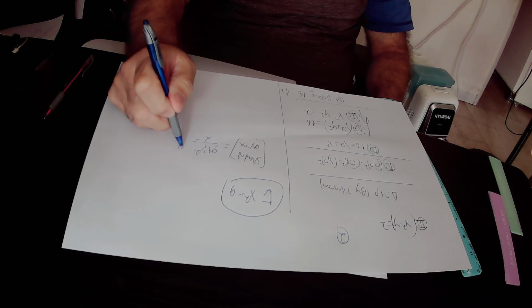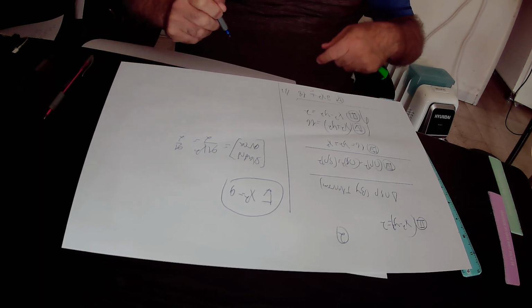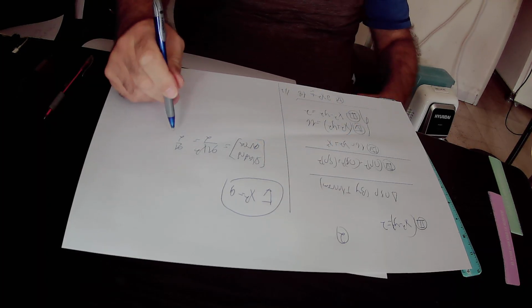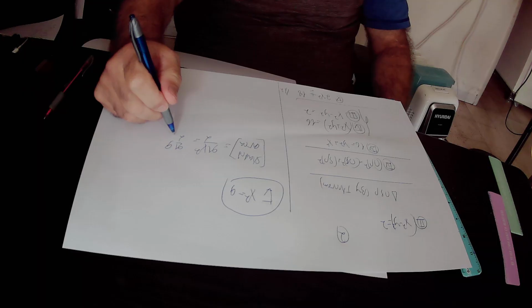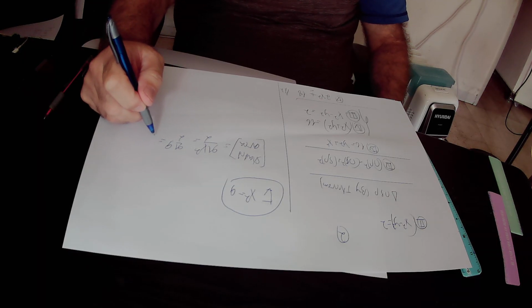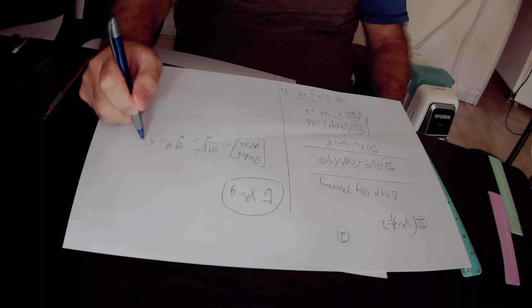So it is pi over 2 times x squared. We found out that x squared equals 9, so it is 9 pi over 2, that is 4.5 pi.